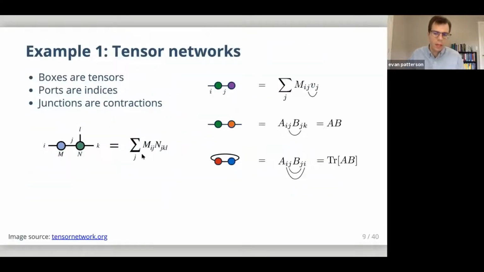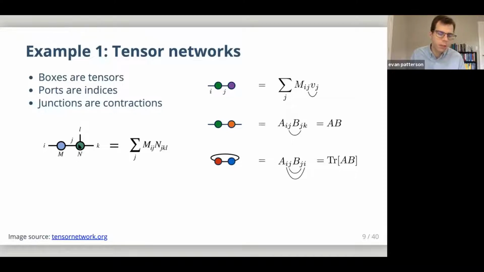Okay, so I'm going to give some examples of this to help make this a little more concrete. One of the most obvious examples, in the sense that the notation of undirected wiring diagrams is already widely used, would be tensor networks, where the boxes represent tensors.